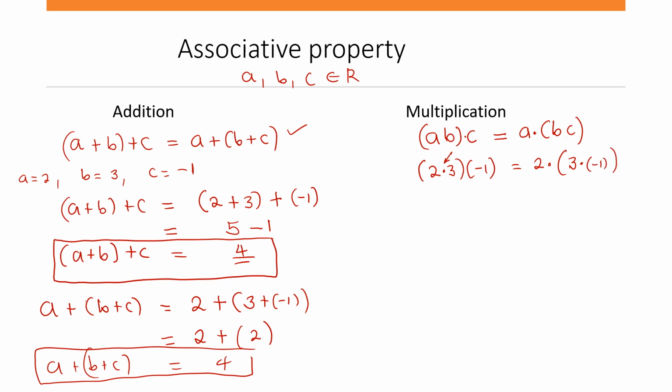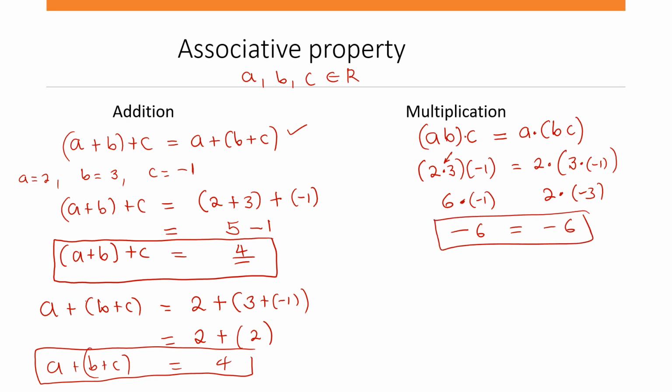If you finish what is here, you will have 6 times minus 1, which is just going to be minus 6. Here as well, this is 6 times minus 1. And here is going to be 2 times minus 3. We will all have minus 6 equals minus 6.